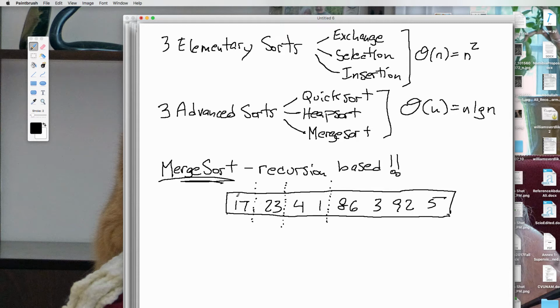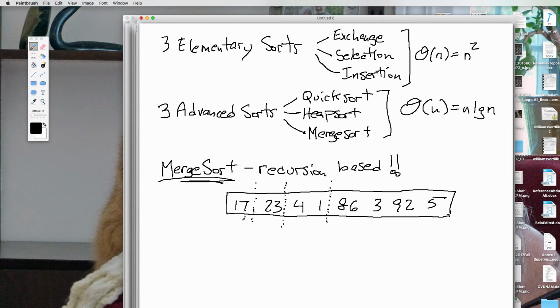Now at this point, I have a very small array, 17, and an array over here, again of one element, 23. And the very nice property of arrays of size 1 is that they are already sorted.